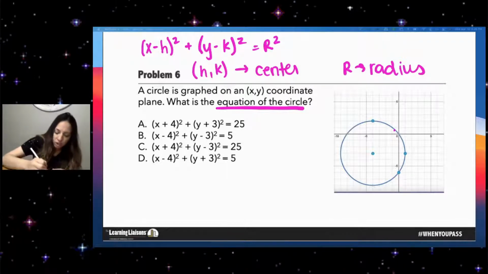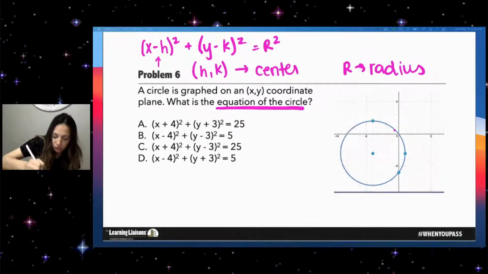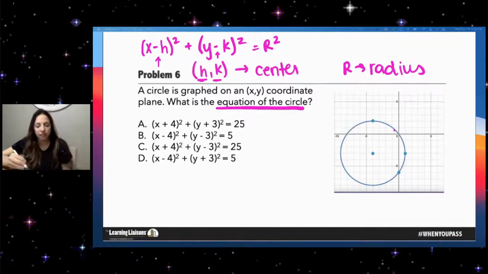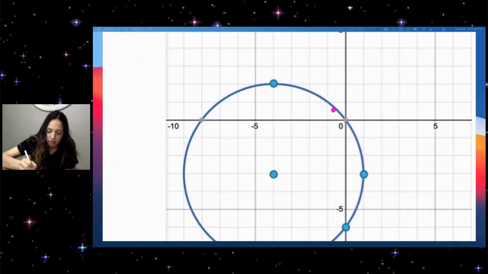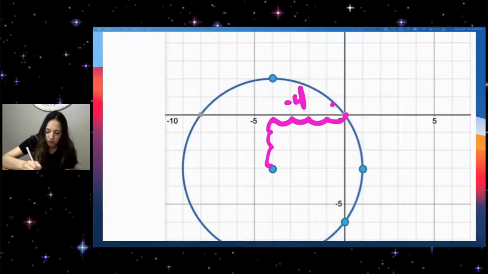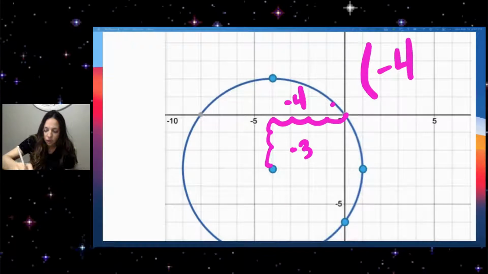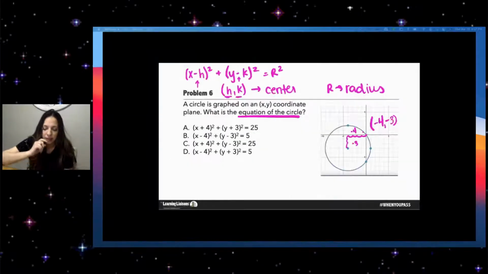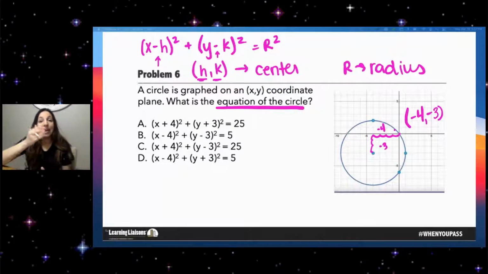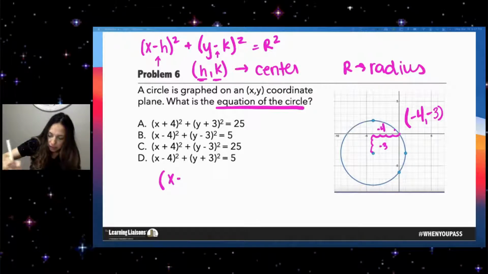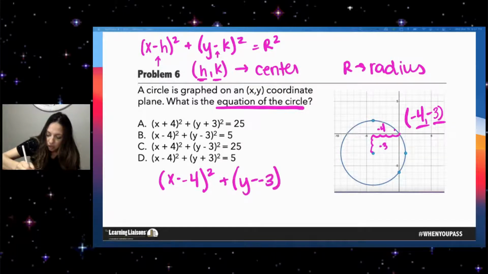So when we look at our equation, you notice that the original equation is minus, but the center is positive. So let's identify our center here. Our center is 1, 2, 3, 4 to the left, and 1, 2, 3 down. So the center is (-4, -3). We already figured that out in the last problem. When I plug it into the original equation, I have (x - (-4))² + (y - (-3))² = r².